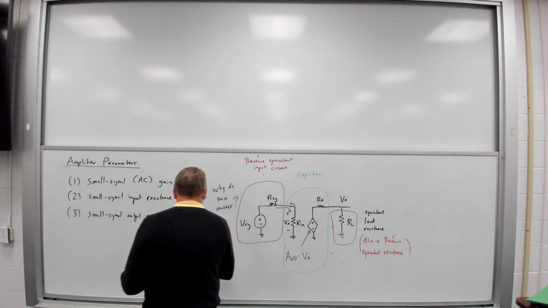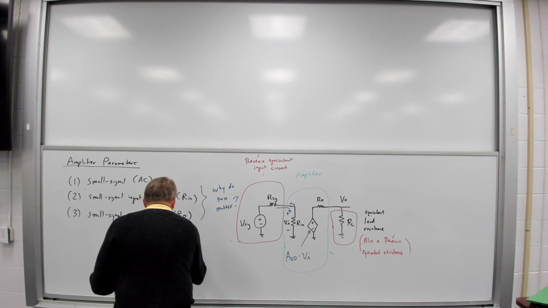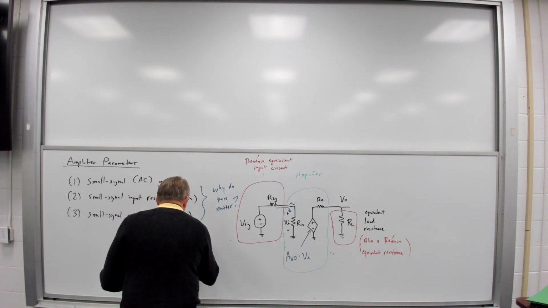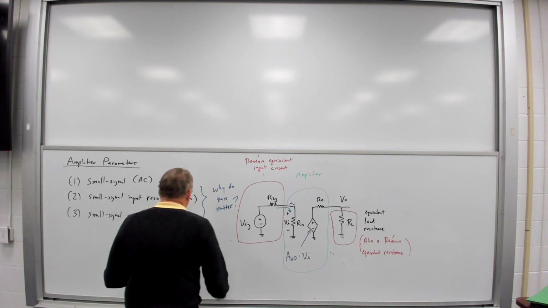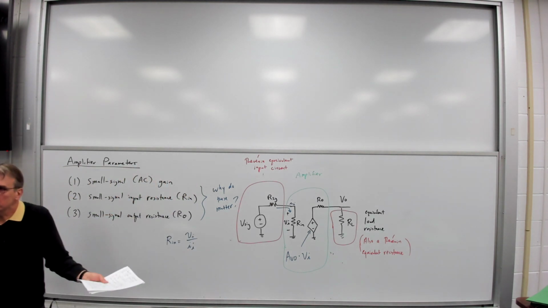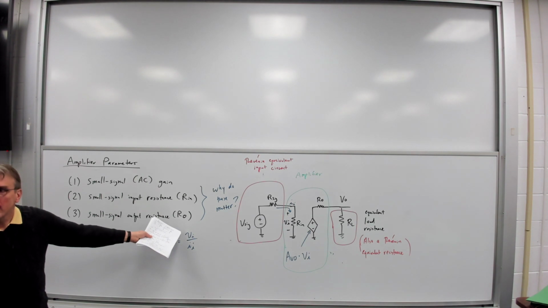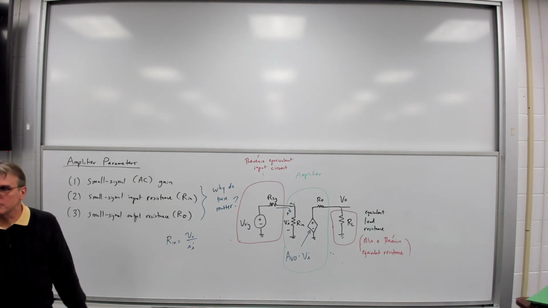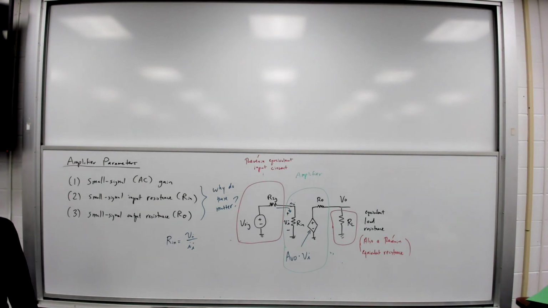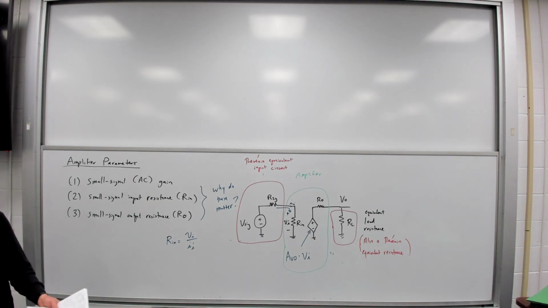R_i will be equal to V sub i over I sub i, right? In other words, the small signal input resistance is going to be the small signal voltage divided by the small signal current flowing into the input of the amplifier. Should be fairly straightforward.